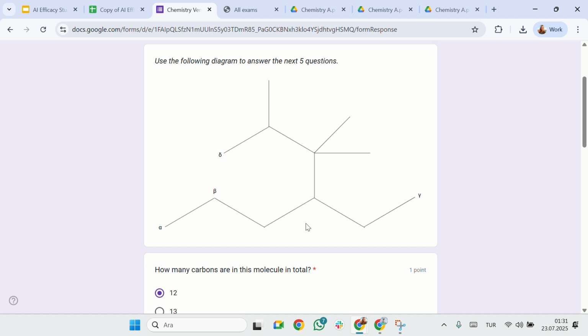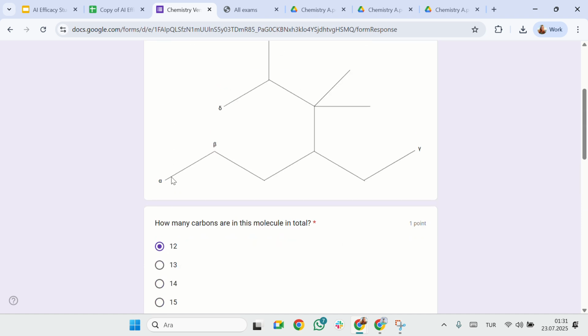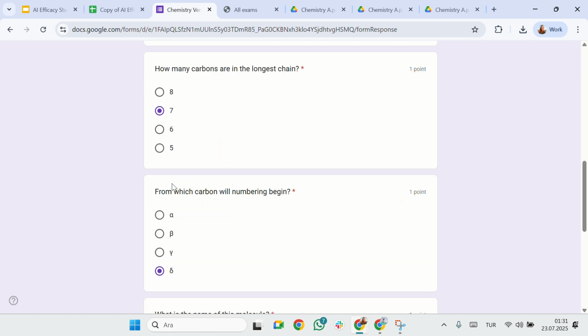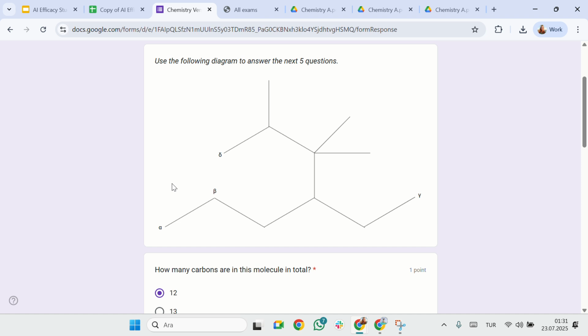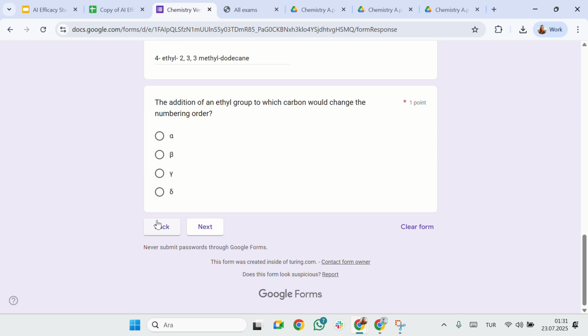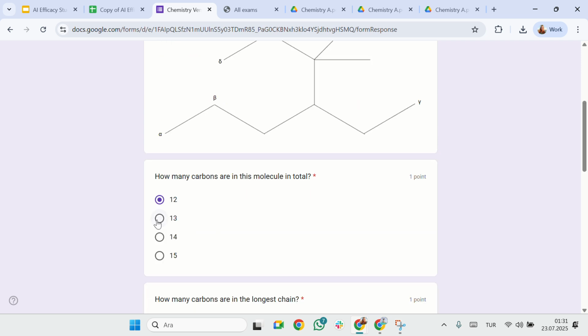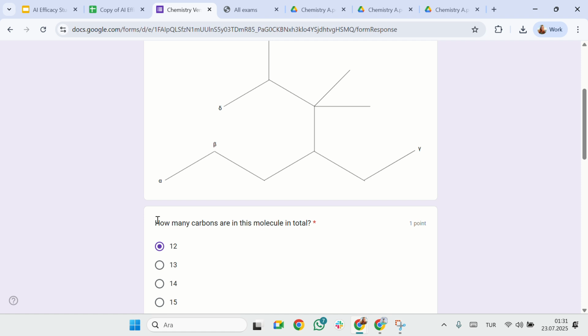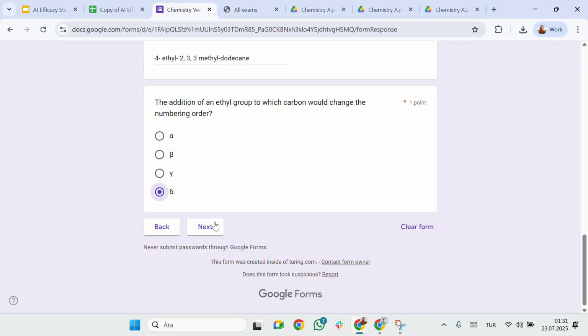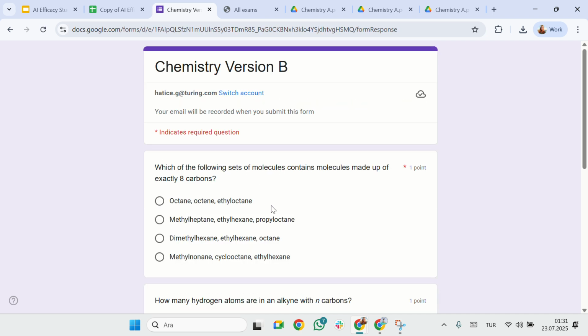This doesn't change anything. What about this? Oh, it changes the name of the parent molecule if we add it in here. Numbering order. I think delta. Yeah.